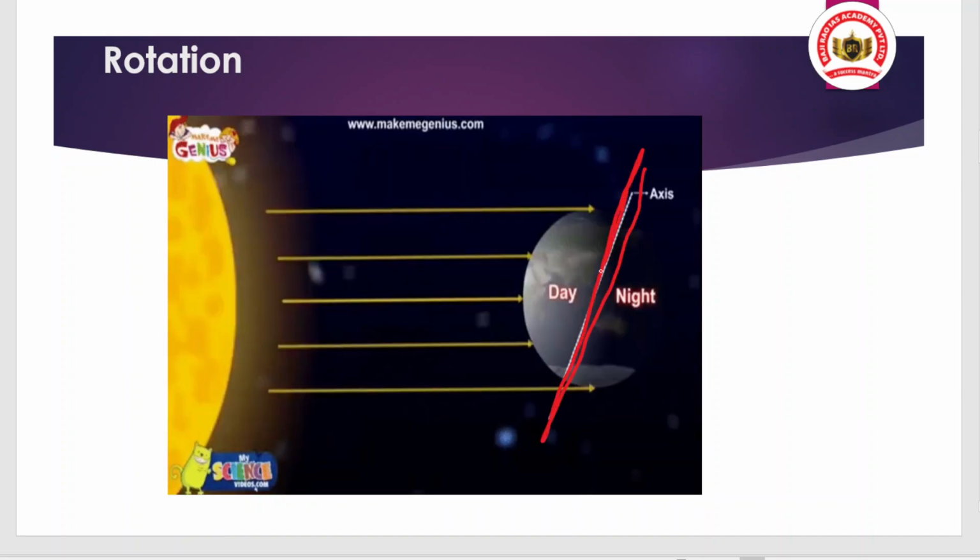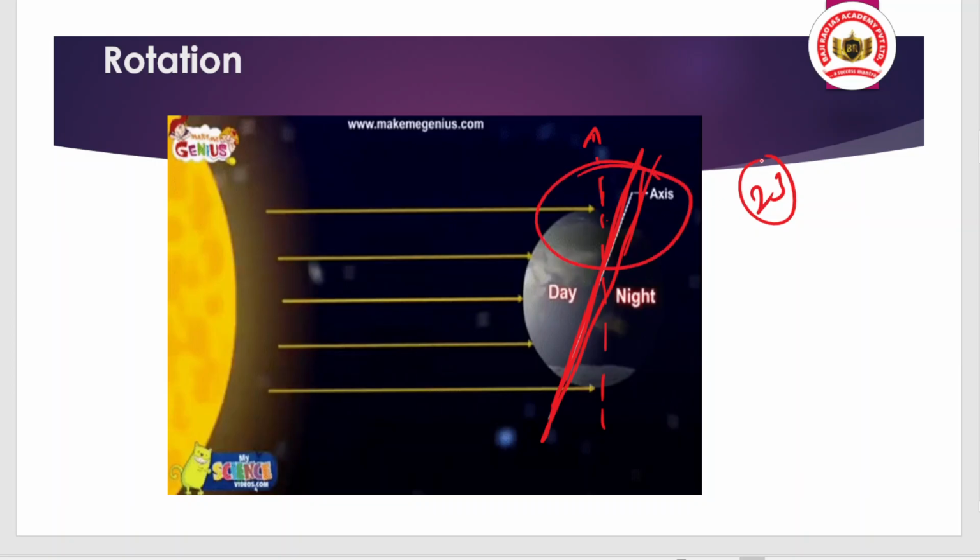This is the axis of the Earth, and remember, this is tilted, meaning if you draw a straight line, then this should be the axis, but the Earth's axis is tilted slightly. What is the angle of tilt? You can comment in the comment section. And because of the tilt, we have changes in day and night, and we have changes in season.